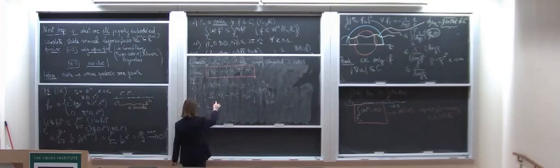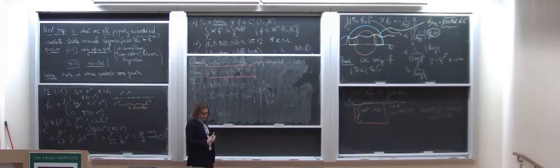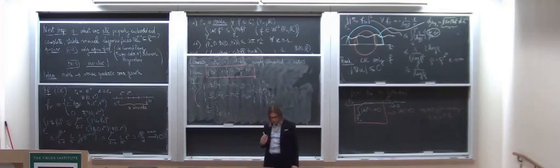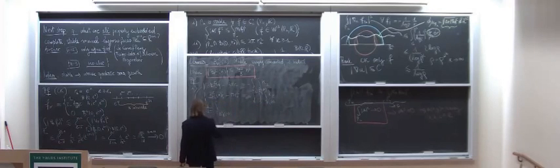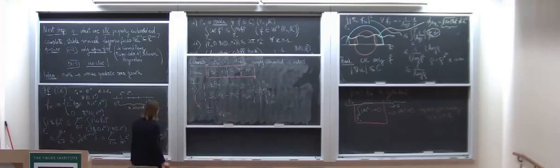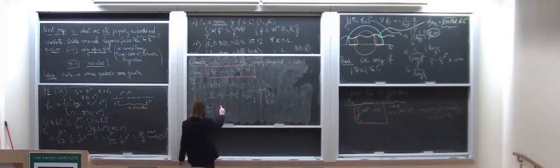d/dt of the integral over the boundary of the ball centered at x and having radius, let's say that I call this letter t, and let's integrate the function 1.